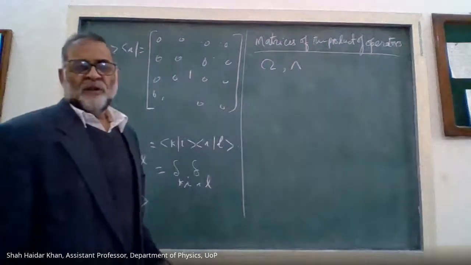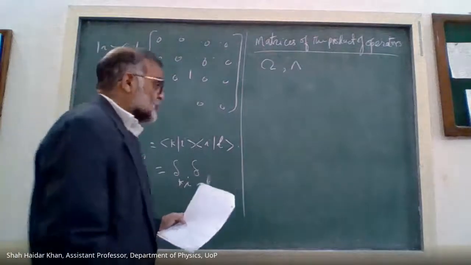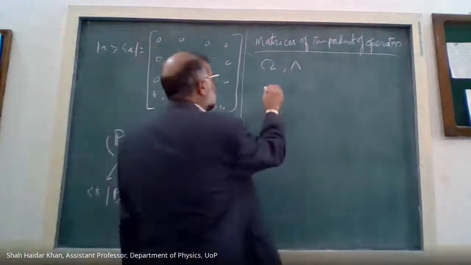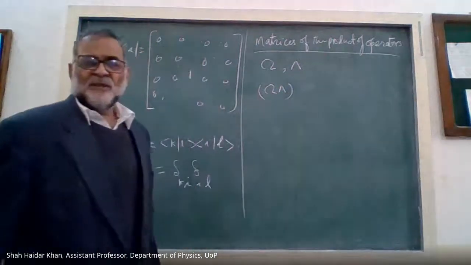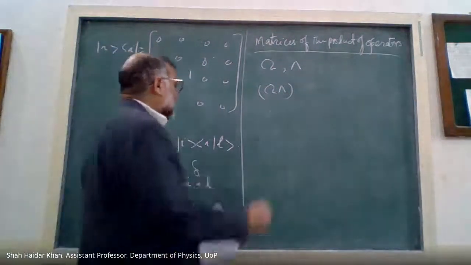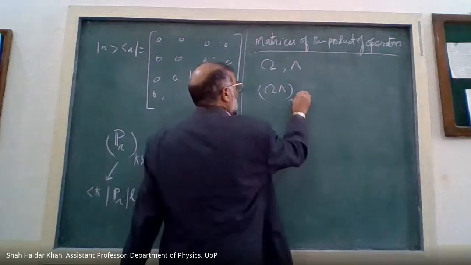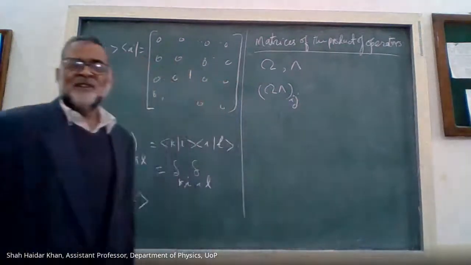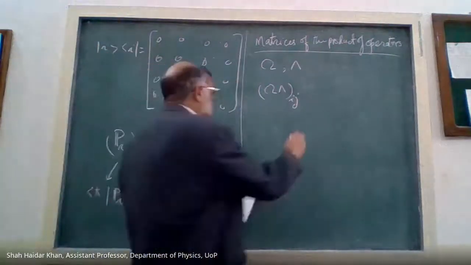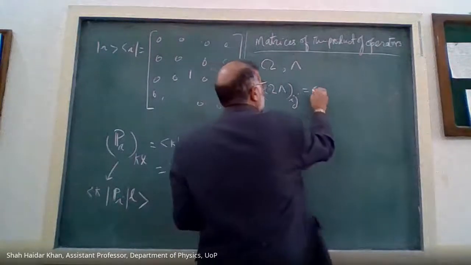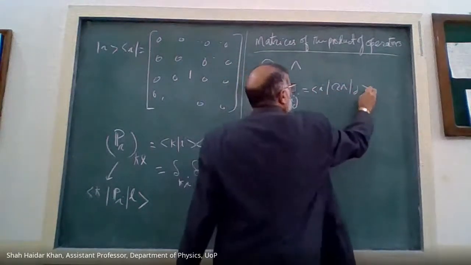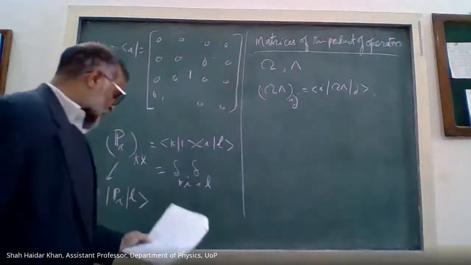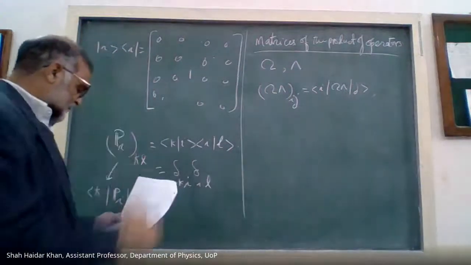The matrix element of the product of the two operators, the matrix element i, j, is written as bra i, omega lambda, ket j.